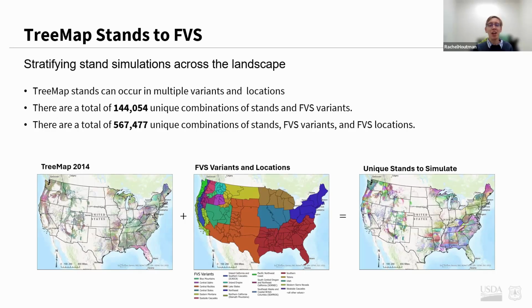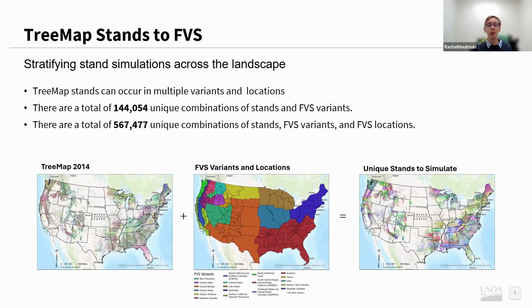And then in FVS, I call this kind of system required stratification. So in FVS, if we have a plot that exists in multiple variants, we're going to simulate that plot individually for each variant. And then the same for locations, potentially. You might also want to break it out into the specific location where that plot is found.